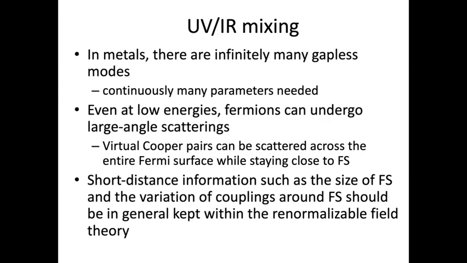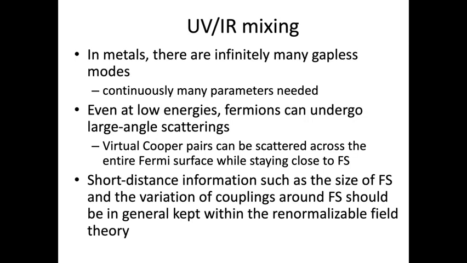So in this case, one in principle needs to know the size and shape of the Fermi surface and the variations of the couplings along the Fermi surface to properly capture the low energy physics.